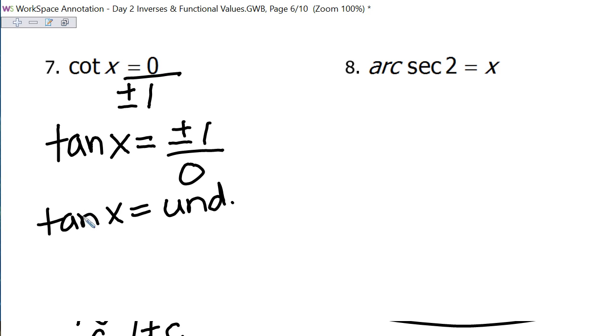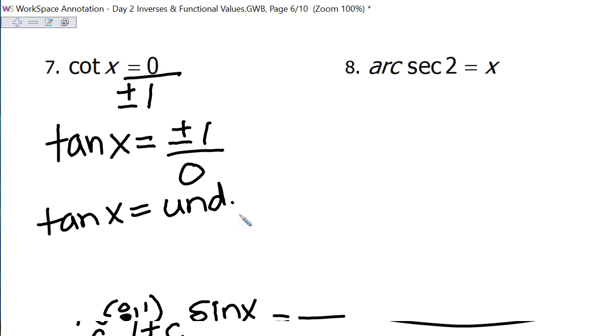So again, thinking about our unit circle, here's 1, 0, 0, 1, negative 1, 0, and 0, negative 1. And in order for the tangent to be undefined, we need to have a 0 in the denominator, and a tangent is sine over cosine. That means we need to find an angle whose cosine is 0.